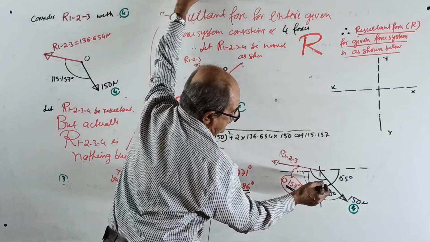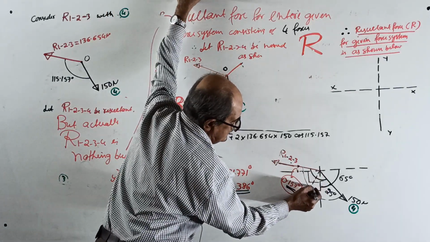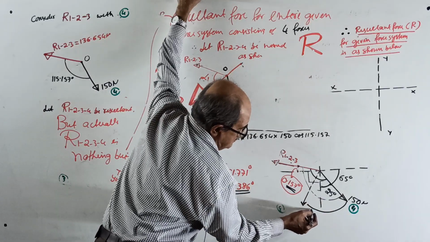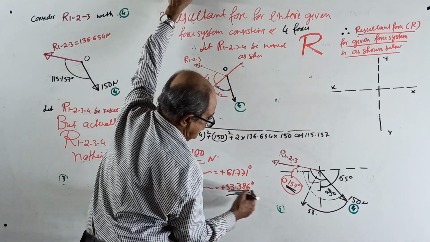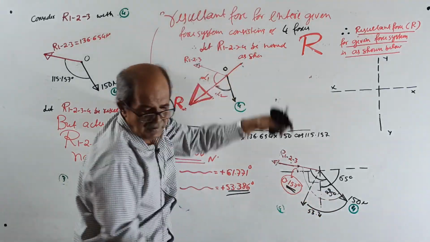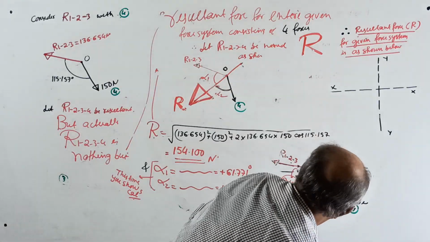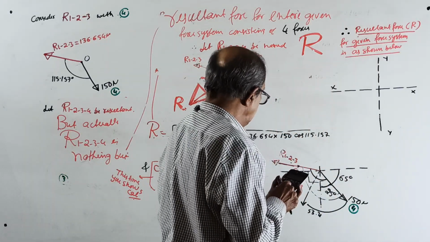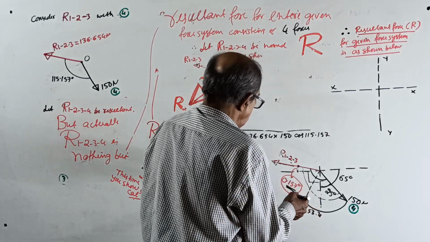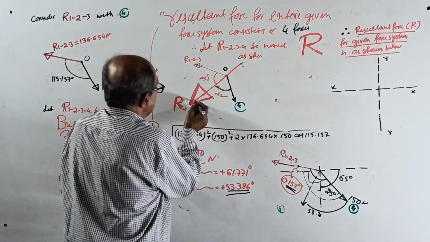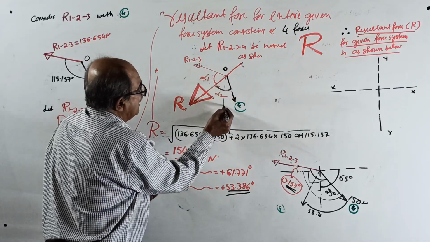53.386. See, the resultant is somewhere here. This angle we got is 53.386. Remove 25 degrees, what happens? 53.386 minus 25 will give you the angle made by the resultant with the vertical line.